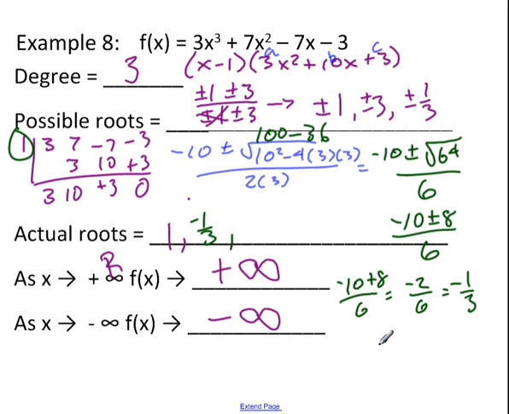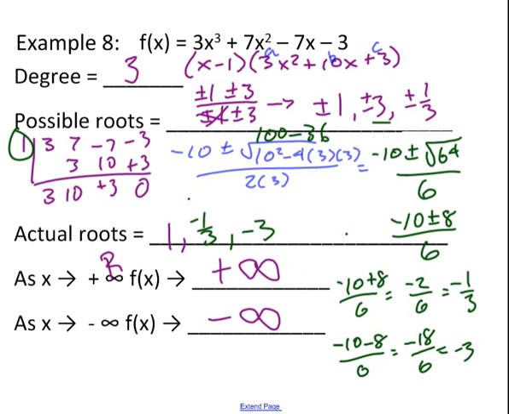It would have been ugly, but it would have worked. Alright, -10 minus 8 this time over 6 is going to be -18 over 6, which is -3. And hey, again, another one of our possibilities. So that's cool. We got 1, -1/3, and -3 as our 3 actual roots.